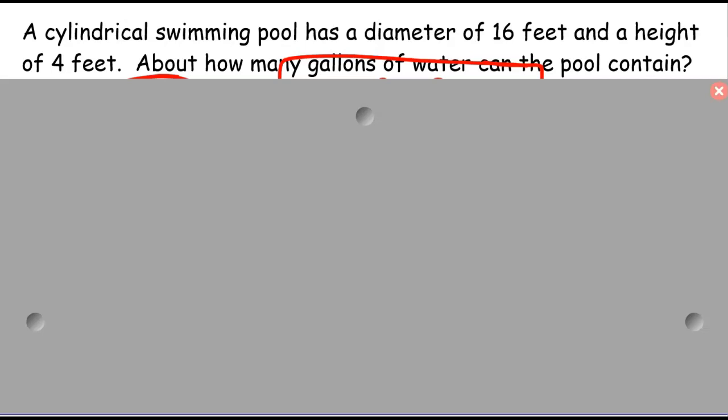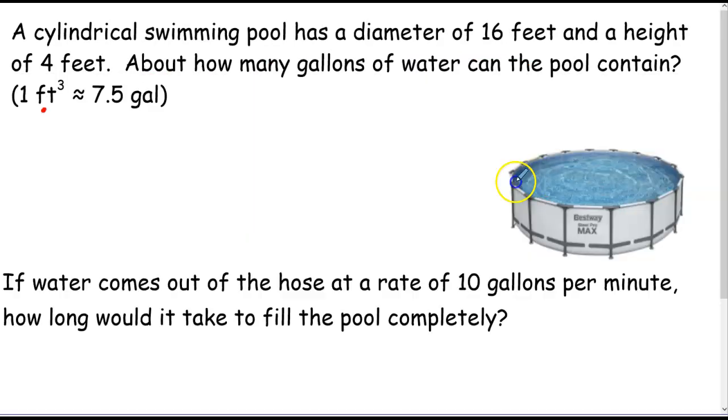A swimming pool. A cylinder swimming pool has a diameter of 16 and a height of 4. Let's go ahead and fill that in on my pool up here. So it has a diameter, we won't use, of 16, a height of 4. Okay, how many gallons of water can the pool contain? Okay, so let's do a cylinder.